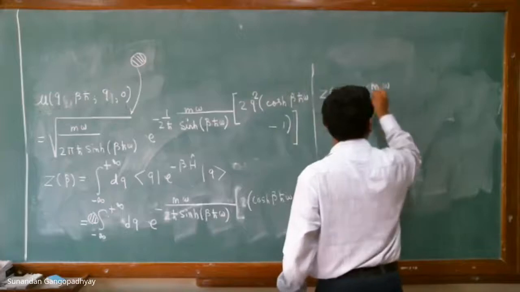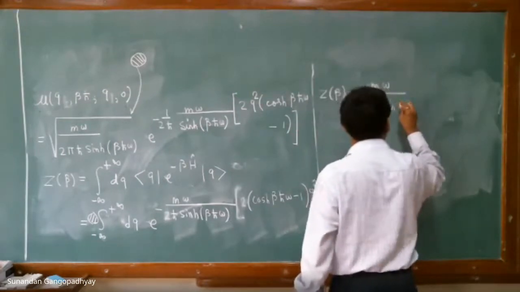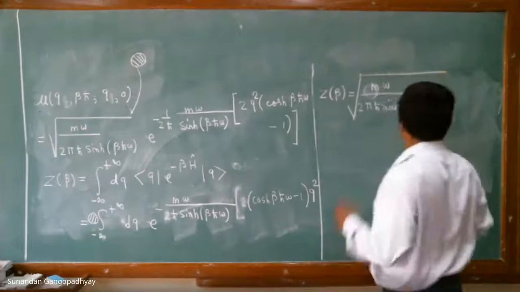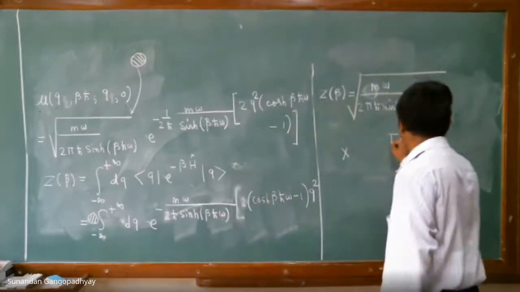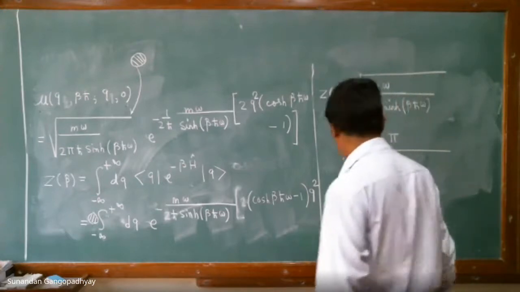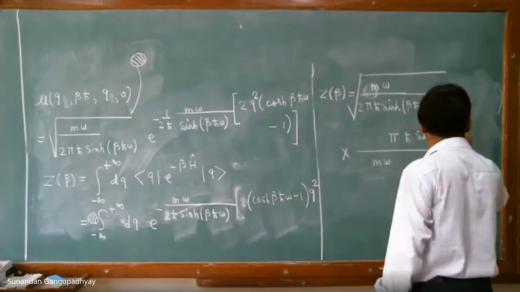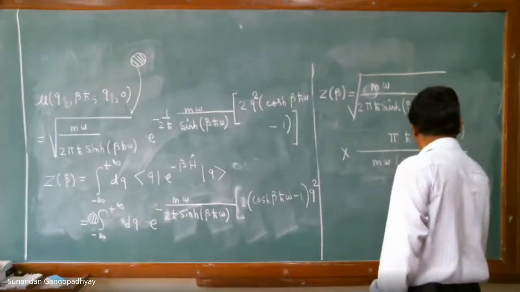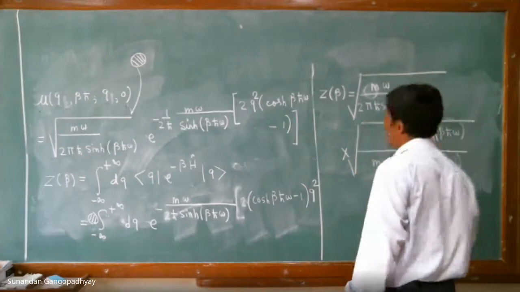This is m omega by 2 pi h bar, sine hyperbolic beta h bar omega, times the Gaussian integral in Q. Therefore, we will have pi divided by m omega over h bar sine hyperbolic beta h bar omega. So this is your result.